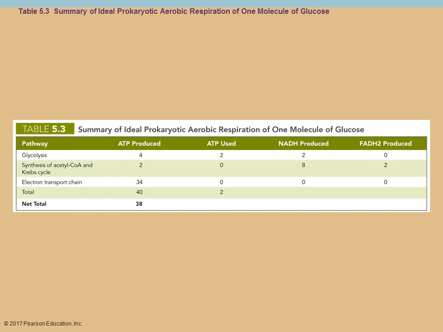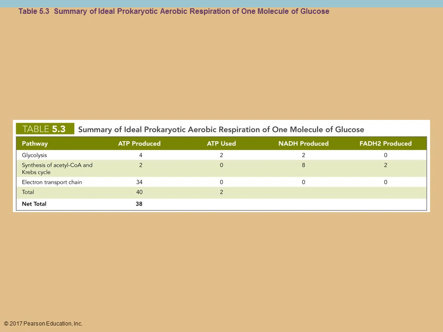Now, some of you may be saying, I've studied this before and I thought the number was about 36. That's for eukaryotic cells. Because eukaryotic cells have to transport that pyruvic acid that was generated from glycolysis across the mitochondrial membrane, into the mitochondria. That roughly is going to cost you 2 ATPs.